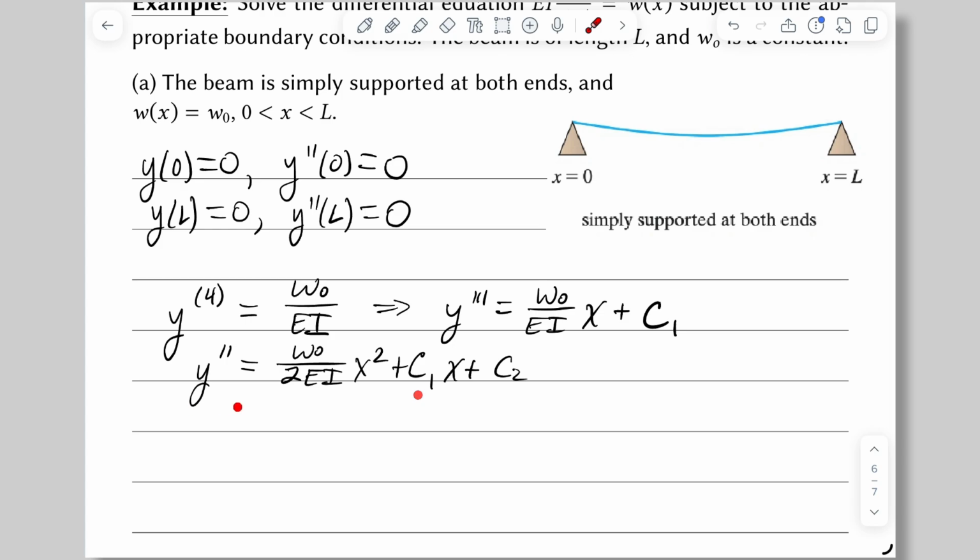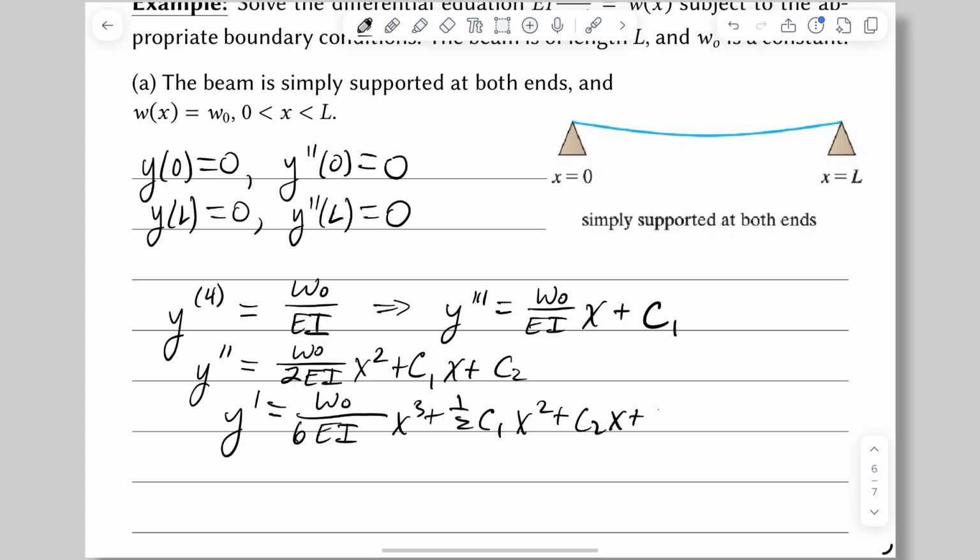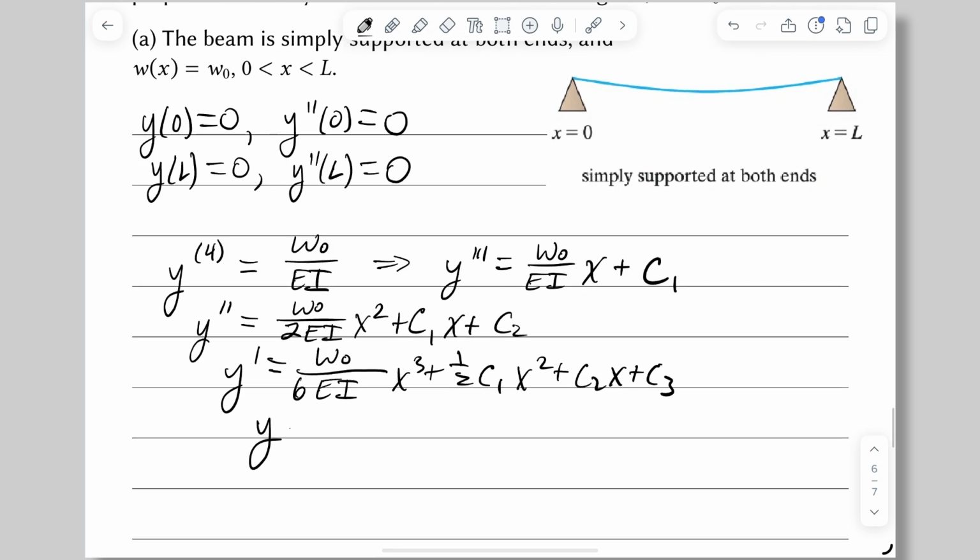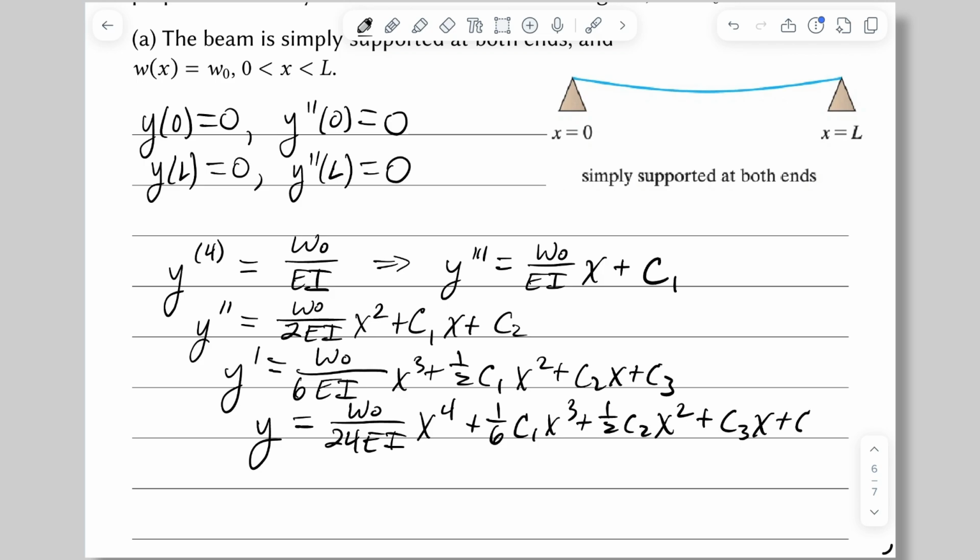Anyway, y double prime equals W naught over 2EI x squared plus C1x plus C2. Y prime is of course going to be W naught over 6EI x cubed plus 1/2 C1x squared plus C2x plus C3. And then finally y is W naught over 24EI x to the fourth plus 1/6 C1x cubed plus 1/2 C2x squared plus C3x plus C4.